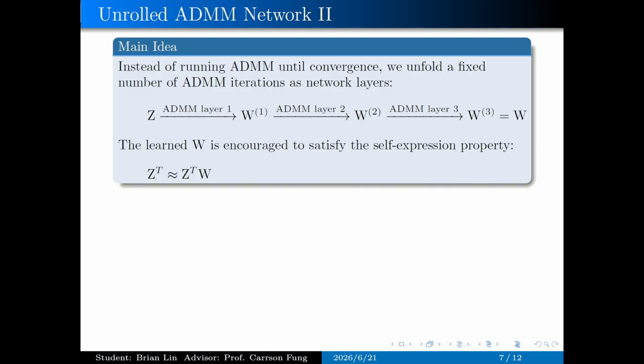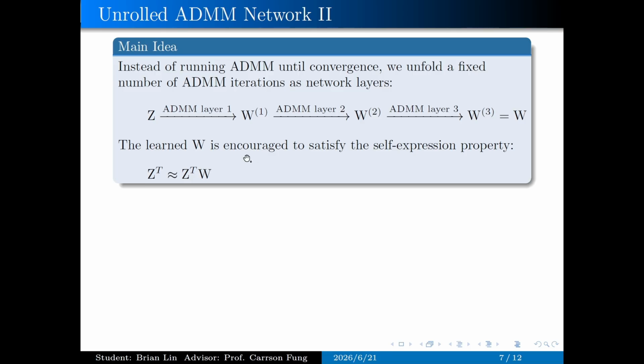The input is Z, and after going through three ADMM layers, we get our output affinity matrix W, and it will satisfy the self-expression property: Z transpose is approximately equal to Z transpose times W. We will explain why later.